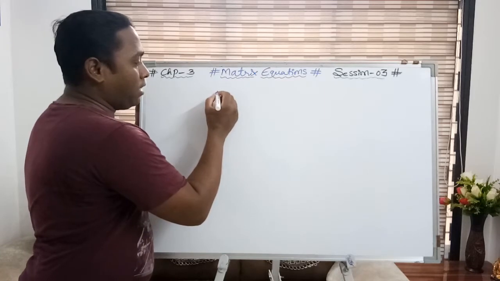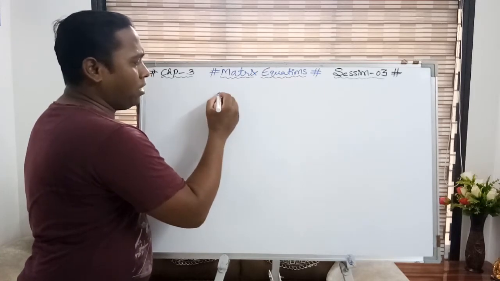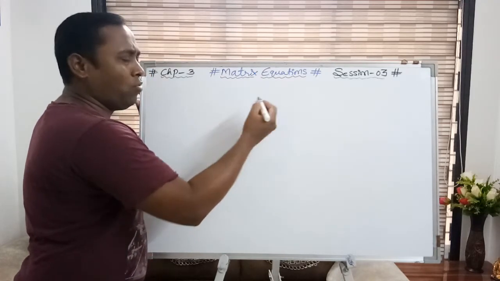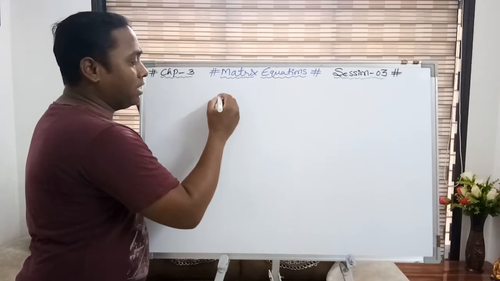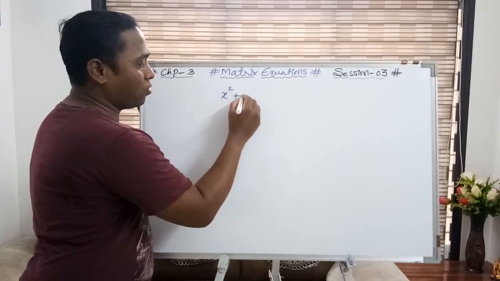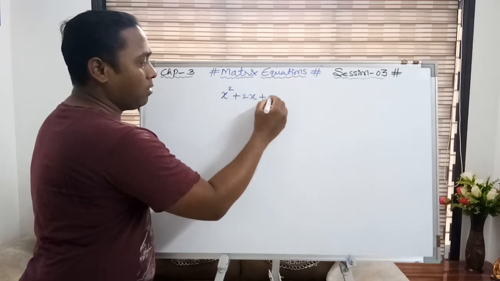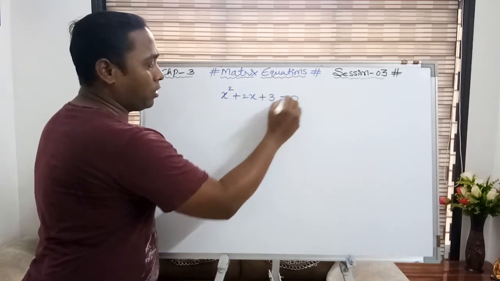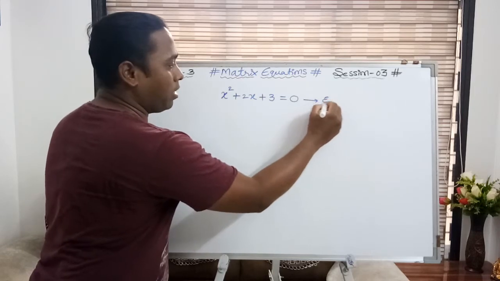If I write one general equation, any quadratic, linear, cubic, whatever, the degree doesn't make any difference here. So if I am writing one quadratic equation, x square plus 2x plus 3 equal to 0, this is a simple equation.